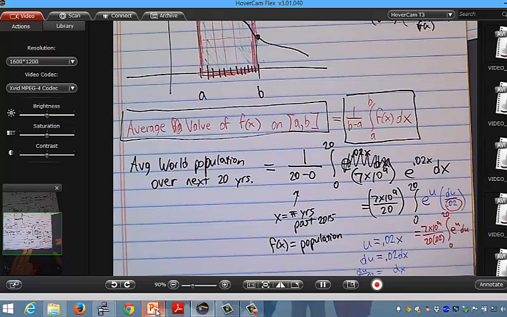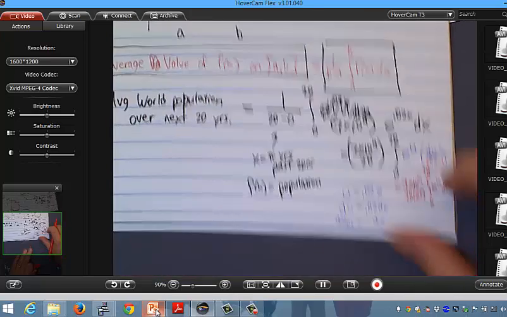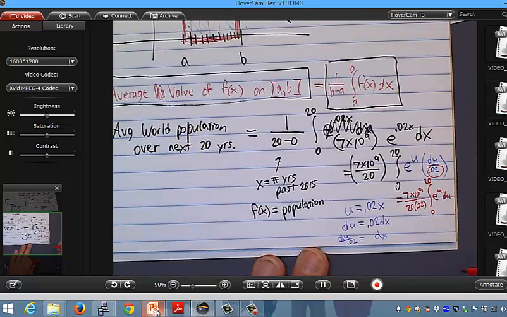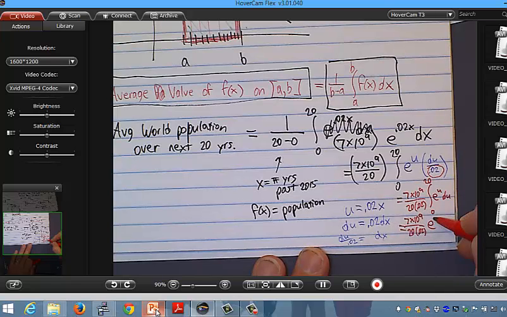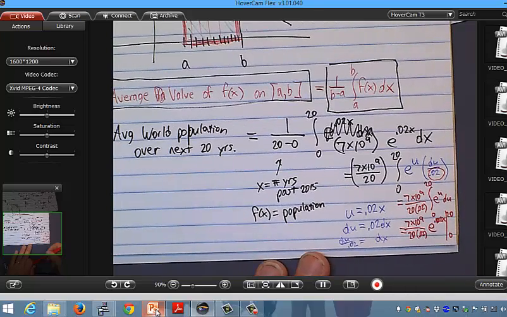And I'm really running out of paper, but I'm trying to squeeze it in, which is probably silly. When you integrate e to the u, guys, what do you get? When you integrate e to the u, you get? Okay, so we'll plug in e to the, and u was 0.02x. And then we just have to plug in 0 and 20, and then we have it.